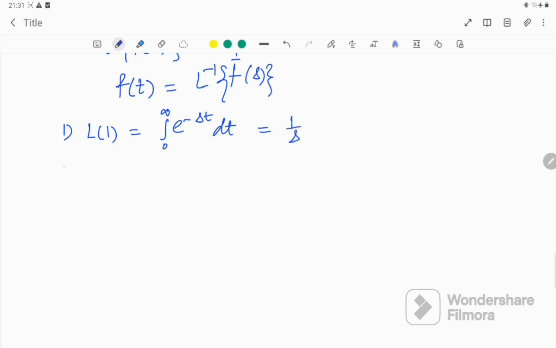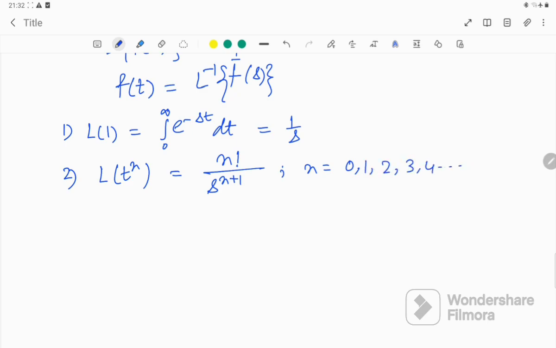And if we carry out the Laplace transformation of one function like t to the power n, then the value will be factorial n divided by s to the power n plus 1, with n equal to 0, 1, 2, 3, 4, and so on.